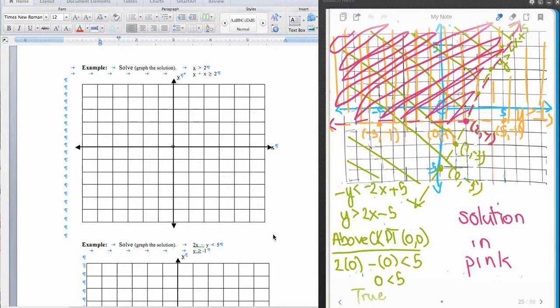And on this one we were supposed to be doing our y is greater than or equal to negative 1. So I put the horizontal line y is equal to negative 1 here, and it is of course a dotted line because actually it is equality, and so it should actually be a solid line on there.